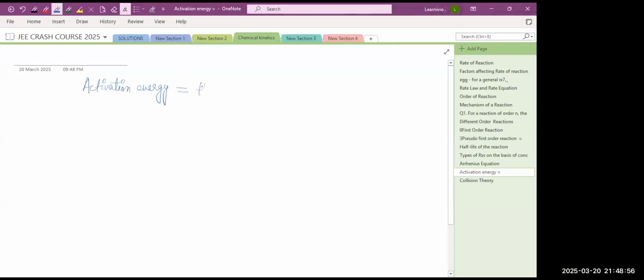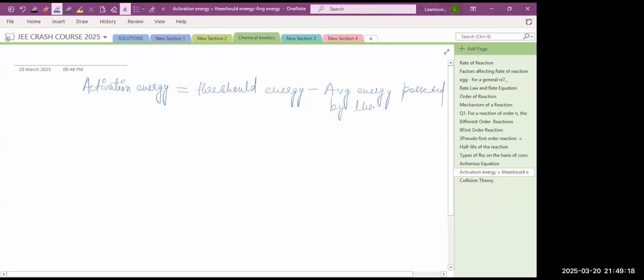Activation energy is basically threshold energy minus the average energy possessed by the reactant molecule. So this is the formula for activation energy.